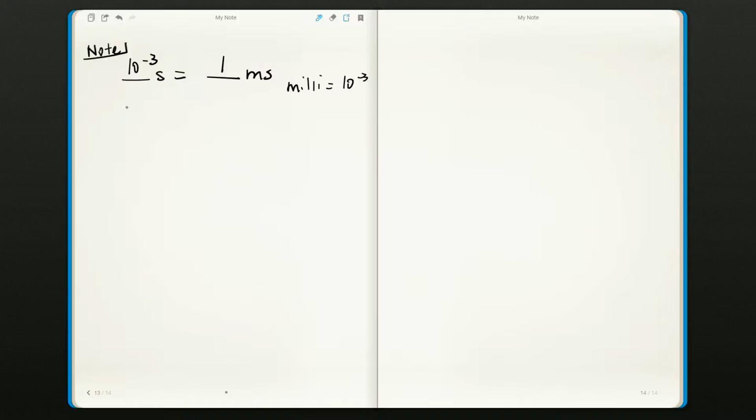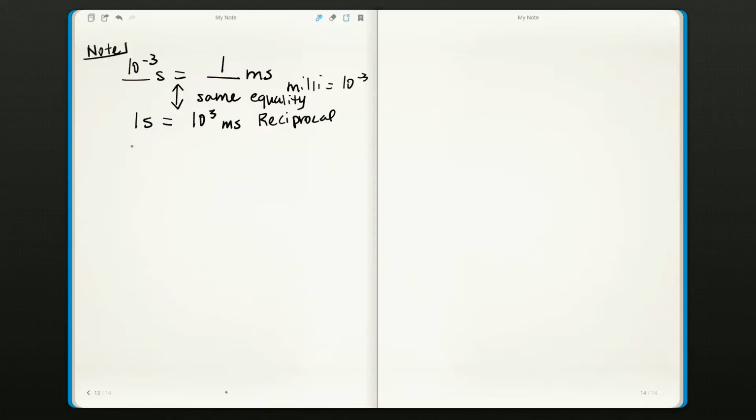So you could also write it as 1 second equals 10 to the third milliseconds. Okay, so these numbers are the same. They're the same equality. They are just reciprocals of each other.